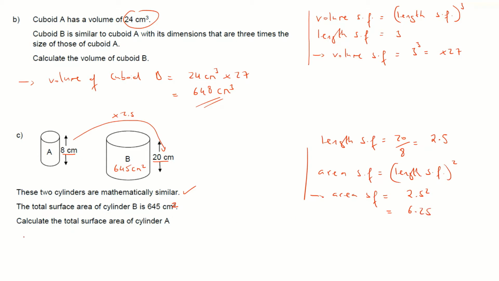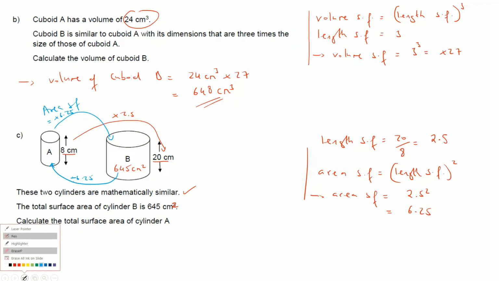So that means the area, perhaps I'll do it in blue to make it stand out a bit, the area scale factor is times 6.25. Now the surface area of B is 645. If I'm working backwards, I wouldn't times by 6.25. I would divide by 6.25.